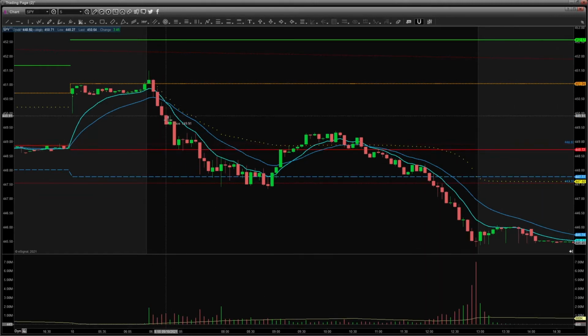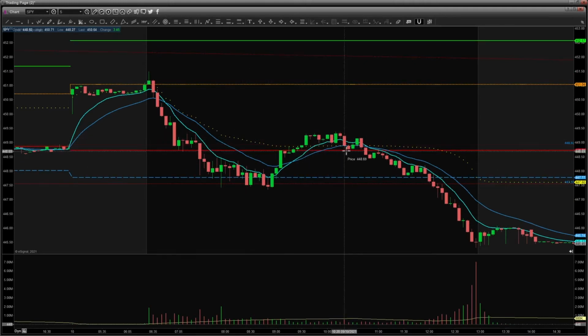448.92. It looks like we have a reaction right here. We pivot, and then once we break through, we're moving on to the next significant support, which would be previous day's low, and then the 20 EMA, and then the next pivot line, which is in red here. So you can see once it comes back up, we are testing it several times from above and then again from below.